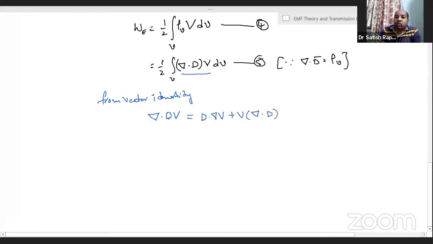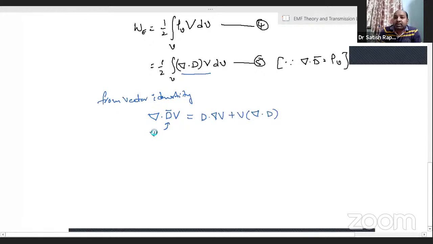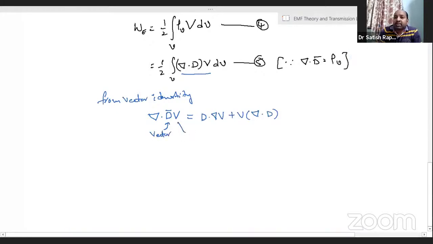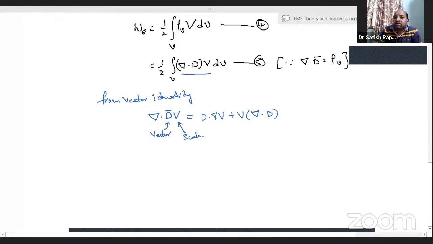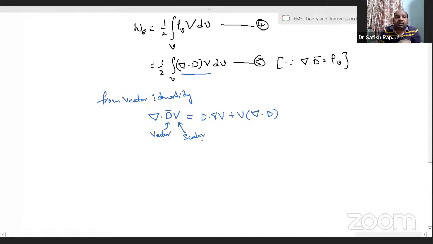So in this vector identity, the divergence of the product of D bar, which is a vector, and V, which is potential, a scalar.